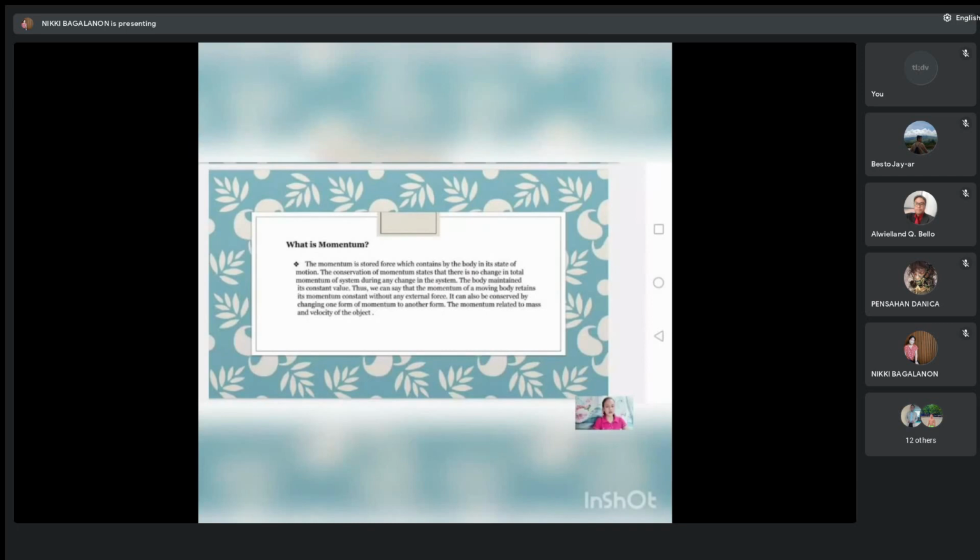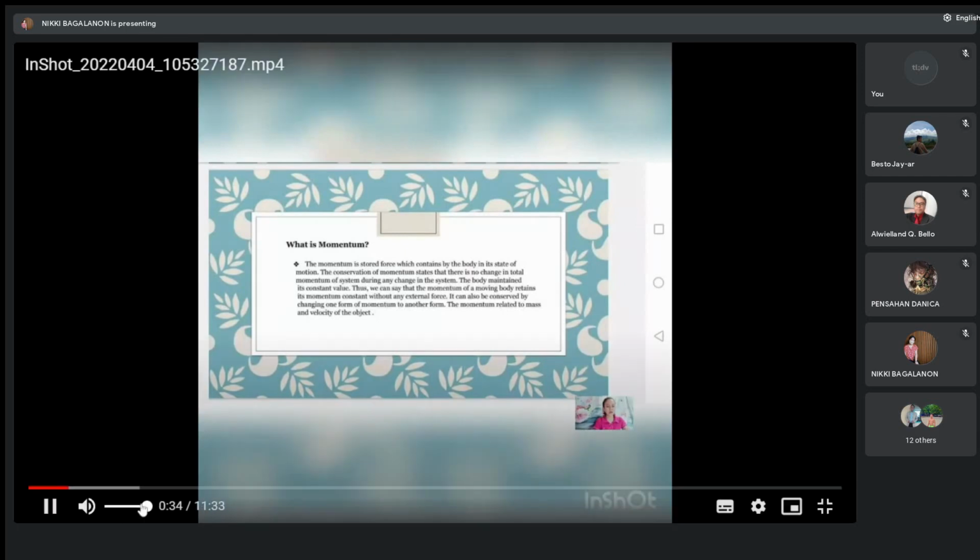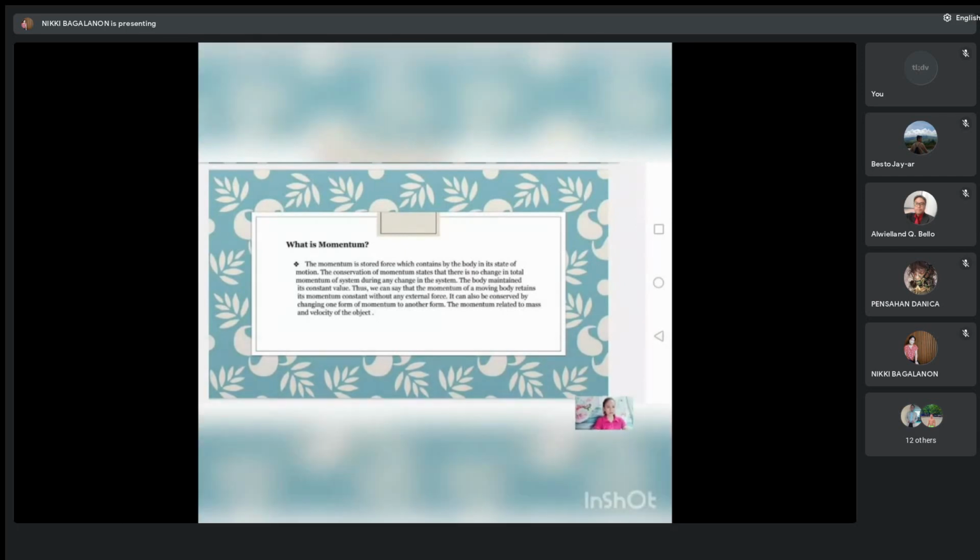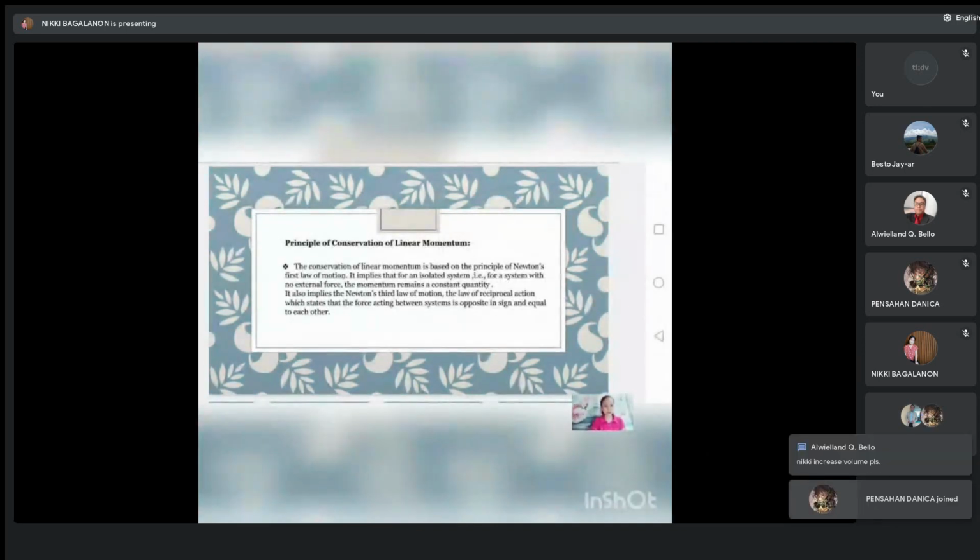The body maintains its constant value. Thus, we can say that the momentum of a moving body remains constant without any external force. It can also be conserved by changing one form of momentum to another form, the momentum related to mass and velocity of the object. Principle of conservation of linear momentum.